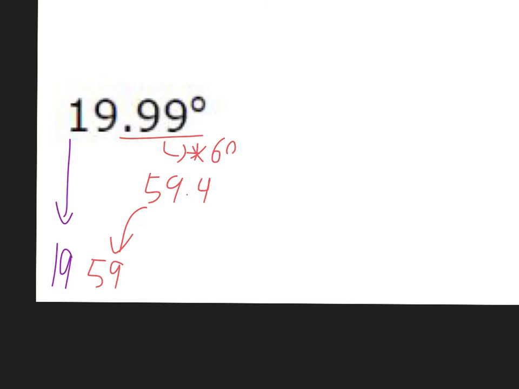Take my 0.4, multiply that by 60, which then gives me 24, giving us the DMS notation of 19 degrees, 59 minutes, and 24 seconds.